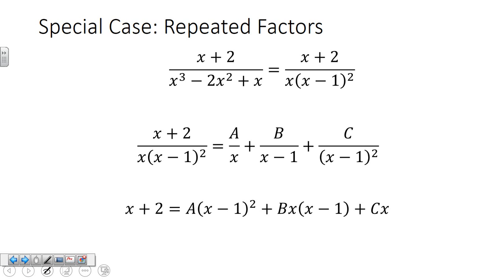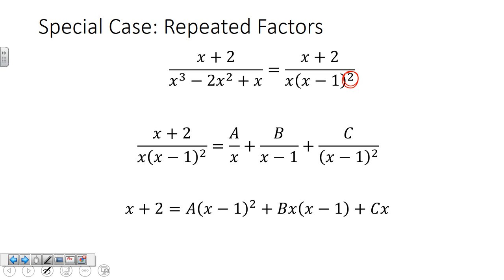And what we get is a bottom that factors into x times x minus 1 squared. Now that's the special case. The fact that this is squared right here, this is really what I'm talking about. And you'll see I have three fractions. Why is there three fractions?